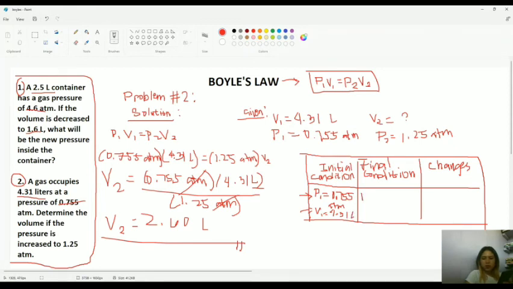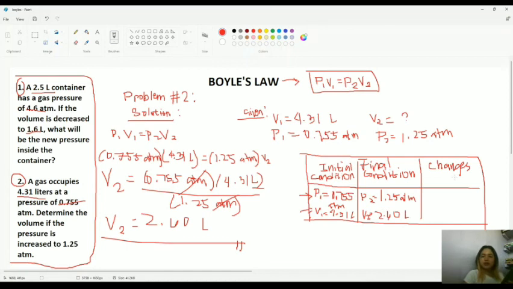Sa final pressure, we have 1.25. Sa final volume, we obtain 2.60 liters.